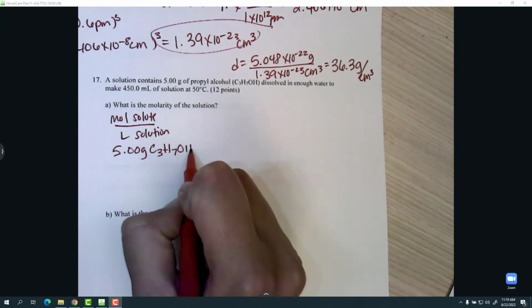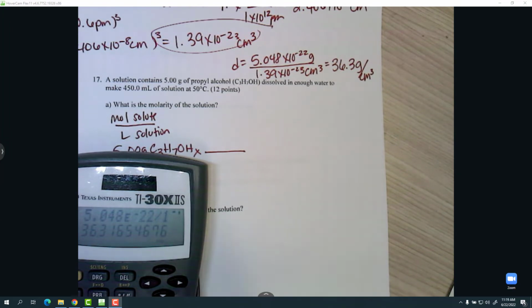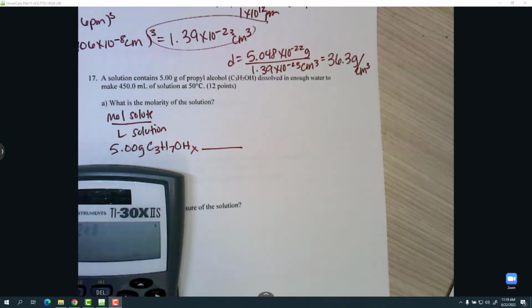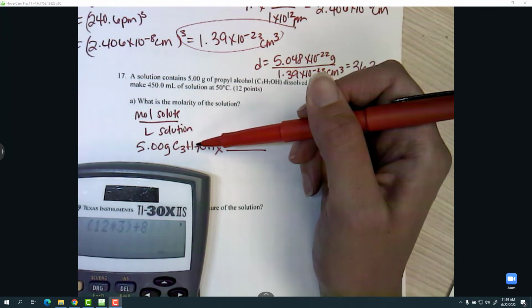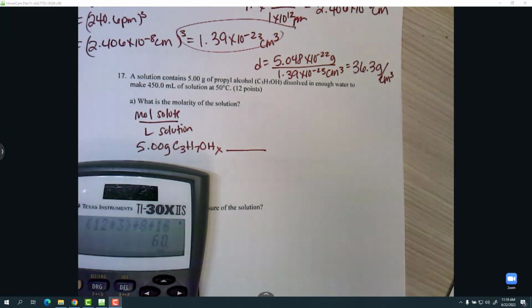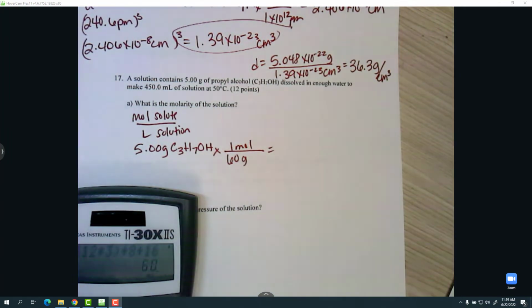I need it in moles, so I'm going to need the molar mass. Use your periodic table for this. I happen to know the molar masses of all these things since that's part of my job. So I've got 3 carbons, which is 12. I've got 8 total hydrogen, 7 plus 1, and then oxygen is 16, so 60 grams per mole.